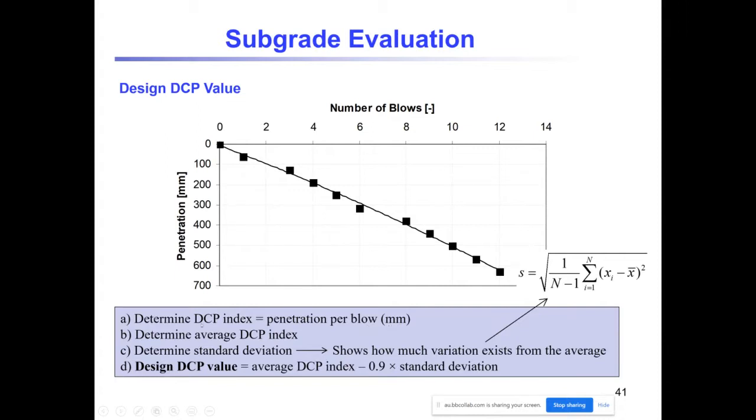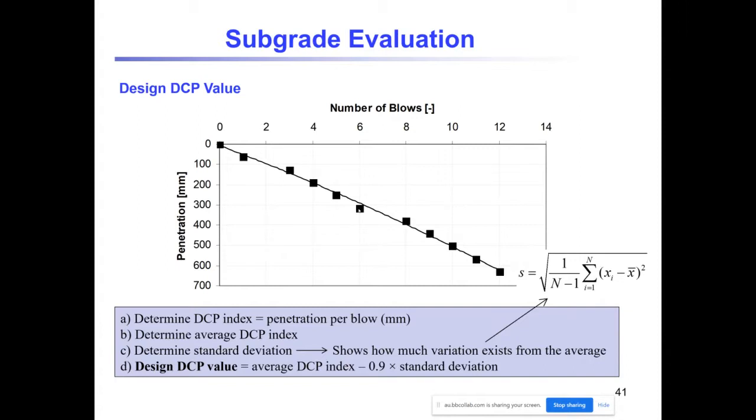So we calculate the DCP index, but after that we calculate the average DCP index. Each of these points can give you one DCP index, but there are always some inconsistencies, some errors. So they are not exactly equal to the average value, right?